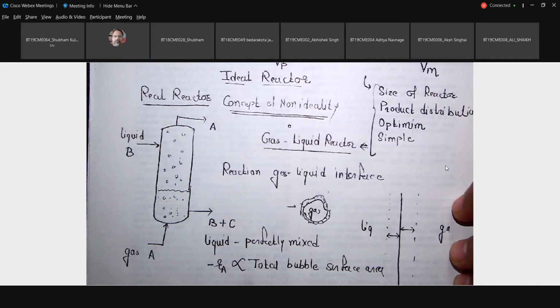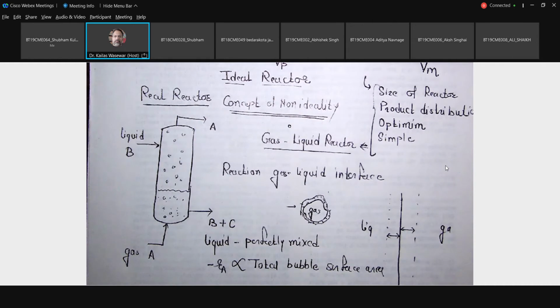Now the surface area which is available for the reaction will depend on what? The surface area of this particular bubble, which depends on the time that it spends in the reactor.